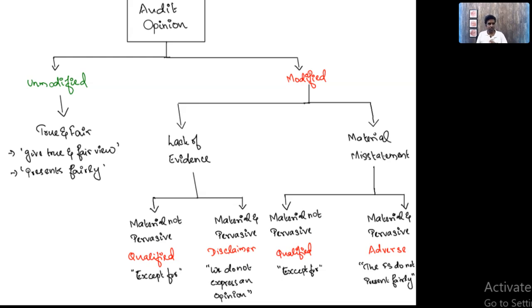Even from the first chapter you need to understand these particular jargons, and also as an AAA student you are expected to use the words qualified, disclaimer, rather than saying modified or unmodified opinion, because modified and unmodified is a summarized way, but qualified, disclaimer, opinion within modification is very precise and to the point.